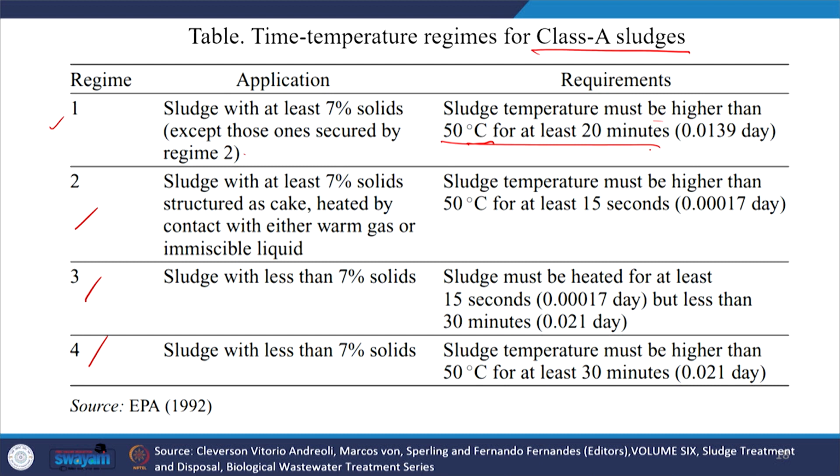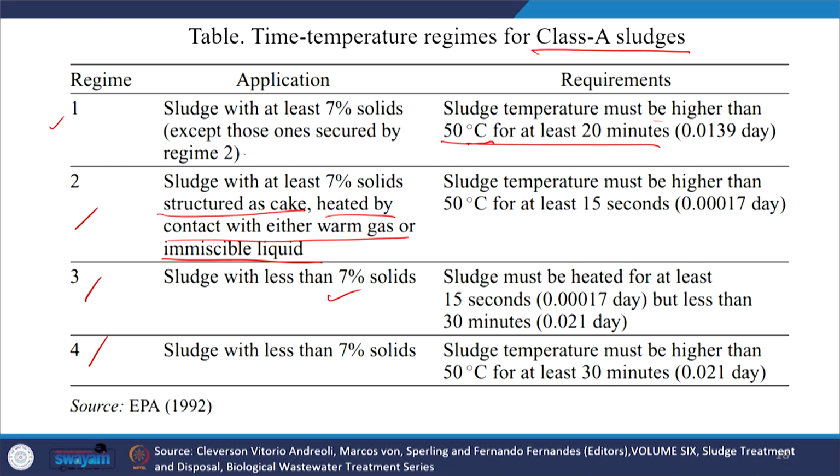Now, sludge with at least 7% solids, structured as cake, is heated by contact with either warm gas or an immiscible liquid. Under this condition again the temperature is 50 degrees centigrade for at least 50 seconds or more. If the gas exposure is happening, then for sludge with less than 7% solid content, the sludge must be heated at least 50 seconds but less than 30 minutes.